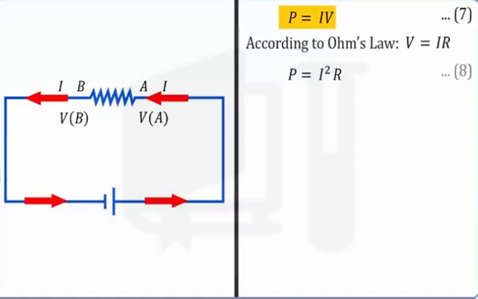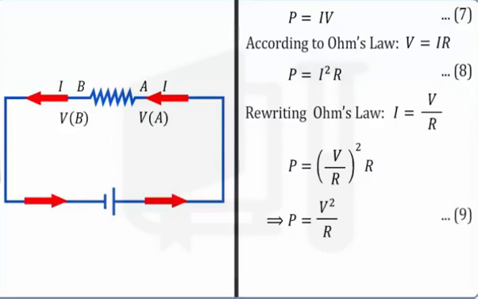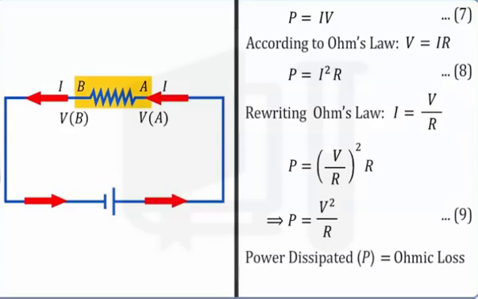Ohm's law can be rewritten as I = V by R. Substituting the value of I in equation 8, we get P = (V by R) whole square into R. This implies that P = V²/R. Let this be equation 9. P, which represents the power dissipated or lost, is also called ohmic loss in a conductor of resistance R carrying a current I.